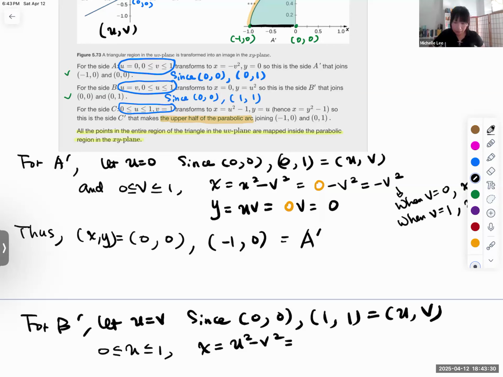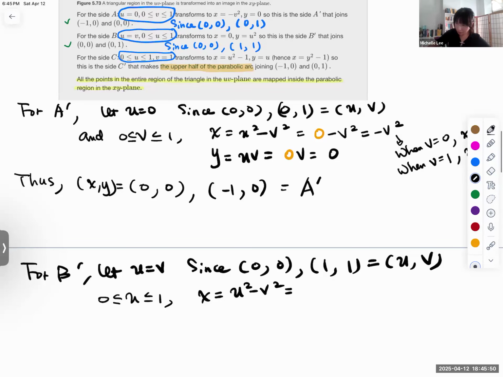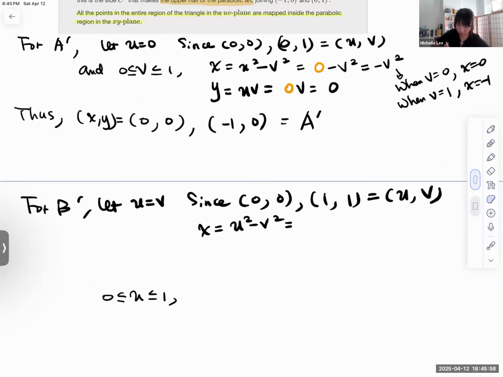All right, then when u equal to 0 and v equal to 0, right? So we get x equal to 0. But then I think this is better thinking.